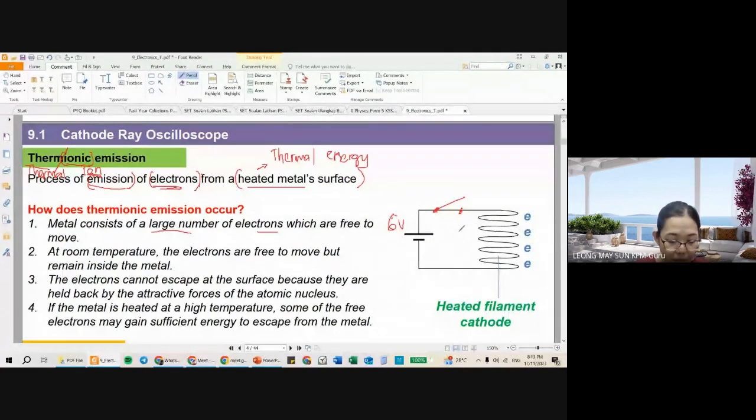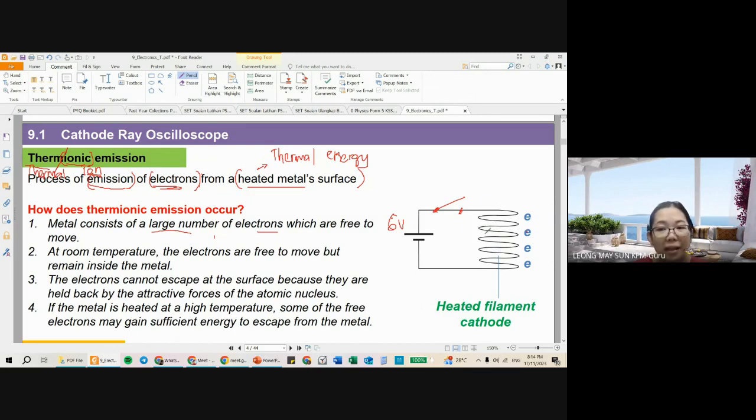Remember what I mentioned regarding the photoelectric effect: the electrons in the metal absorb light energy, and if the light energy is sufficient, the electrons come out of the metal, and if it has more energy, they move away with high kinetic energy. The same goes for thermionic emission: the electrons can move around in the metal as usual, but they don't have sufficient energy to escape from the metal surface.